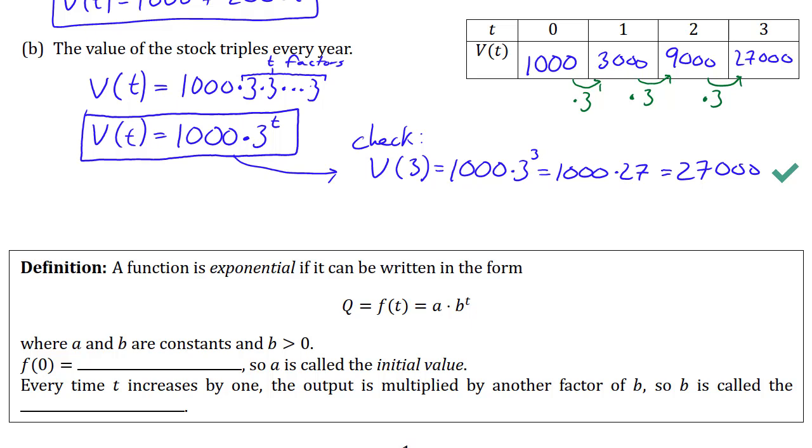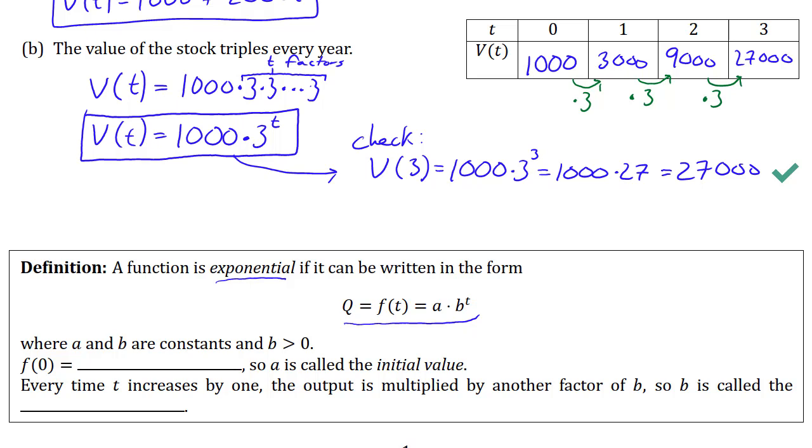Anyways, let's look at this formal definition of what is an exponential function. We say a function is exponential if it can be written in this form: Q equals f of t equals a times b to the power t, where a and b are constants and b is greater than 0. So let's see.